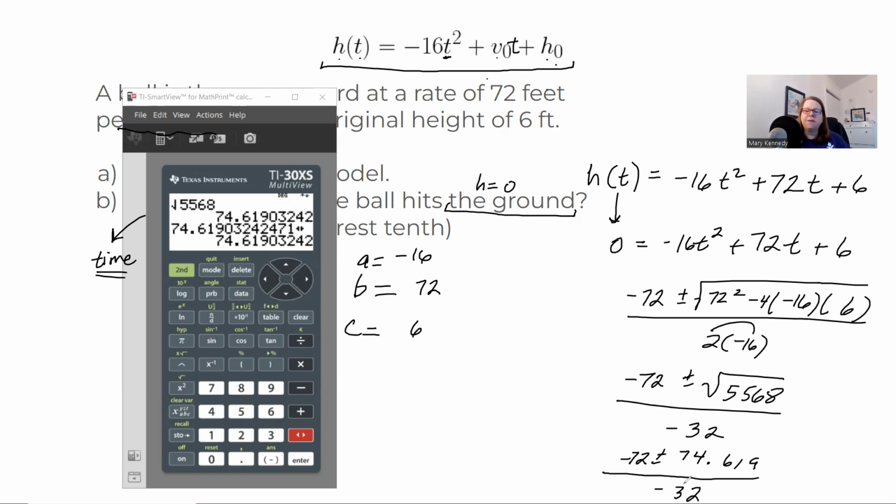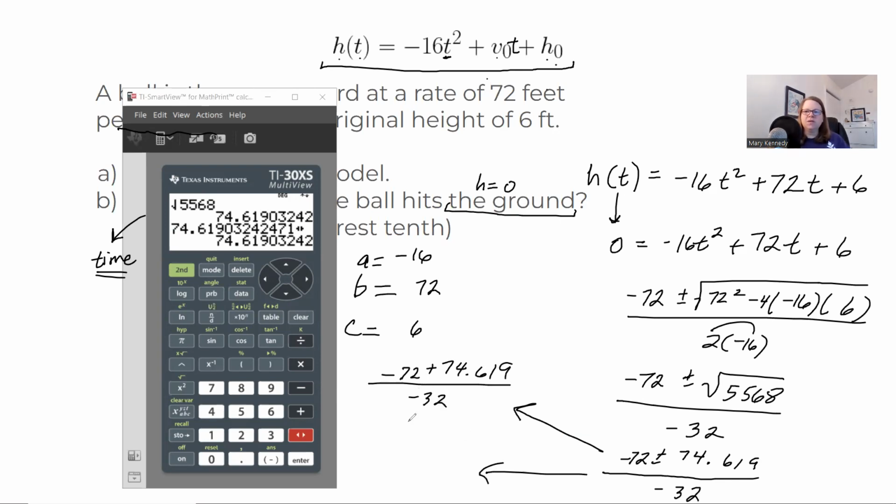Okay, so now we have this crazy looking fraction with this plus or minus, and the question is usually, how do I type plus or minus in your calculator? And the sad answer is you don't. But all that means is that we're going to think of it, and don't jump to the calculator just yet. Let's break this apart into what it is. This is saying negative 72 plus 74.619 over negative 32.